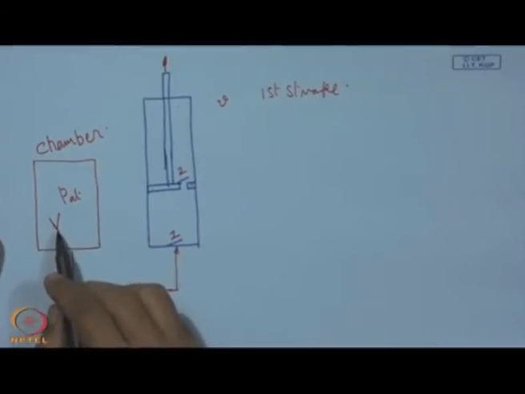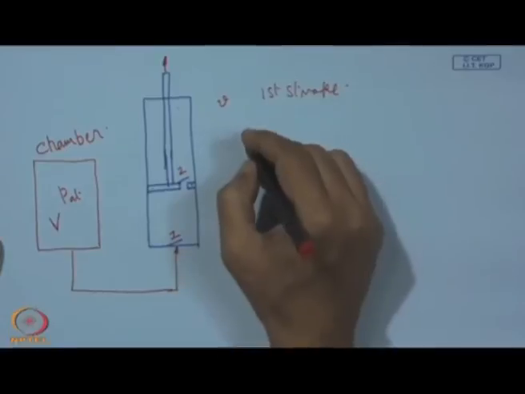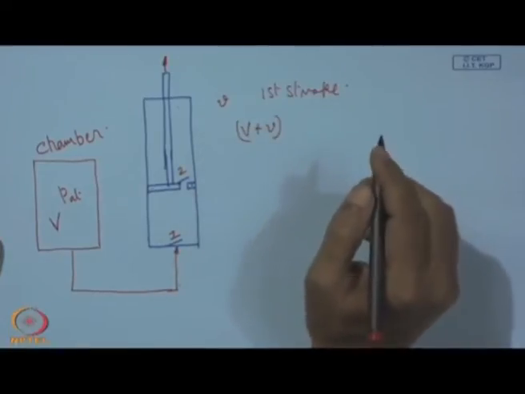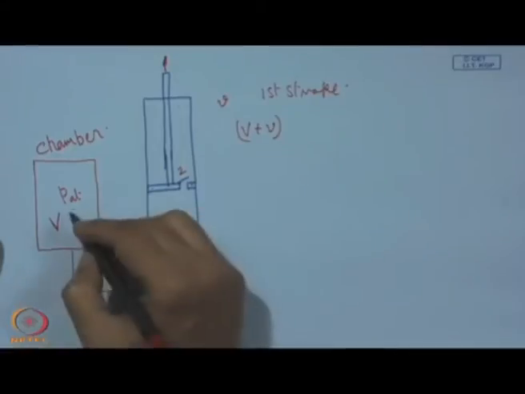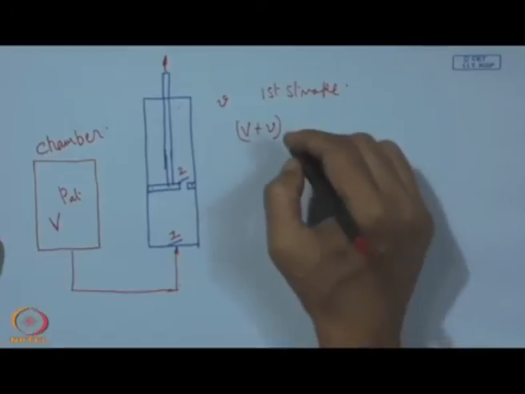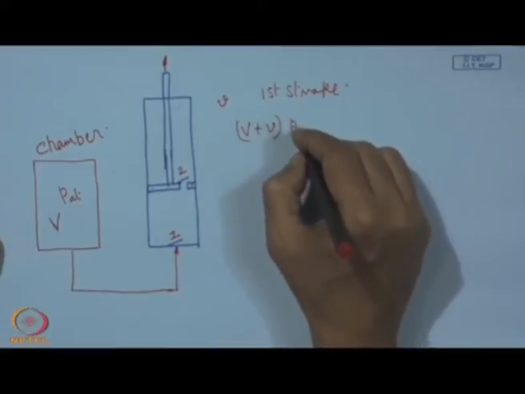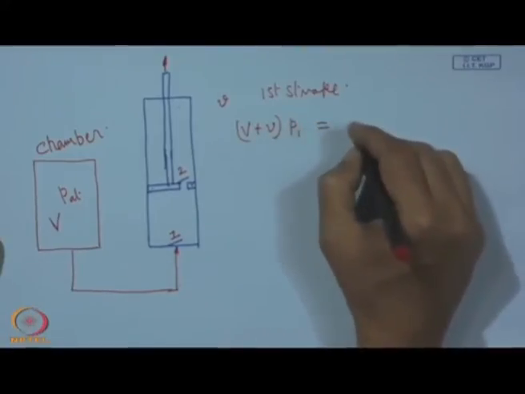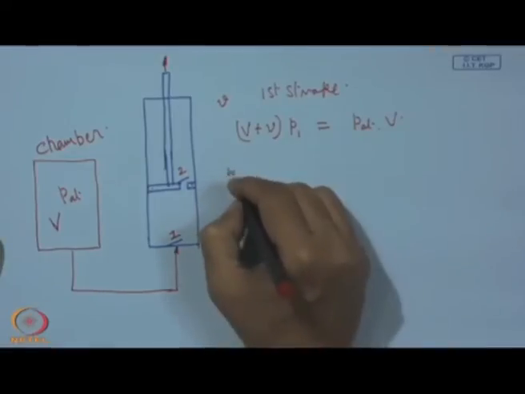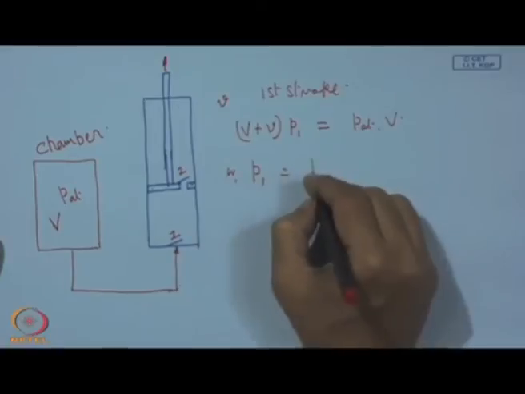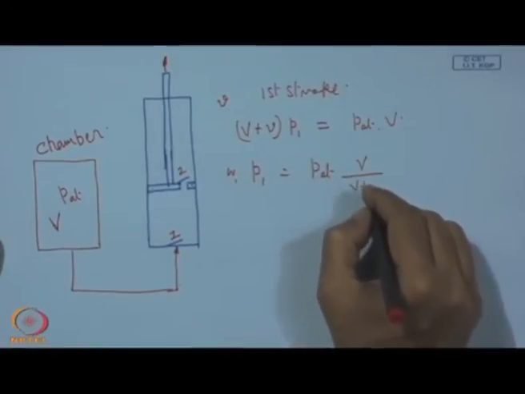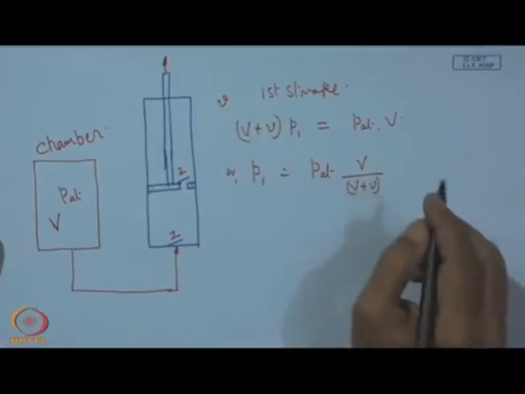What was originally V is now capital V plus small v, the enlargement of the volume, and that is why the pressure has to fall. If we write the fall of pressure as P1, that should be equated by P atmosphere into V, or we can get P1 is equal to P atmosphere into V divided by capital V plus small v.